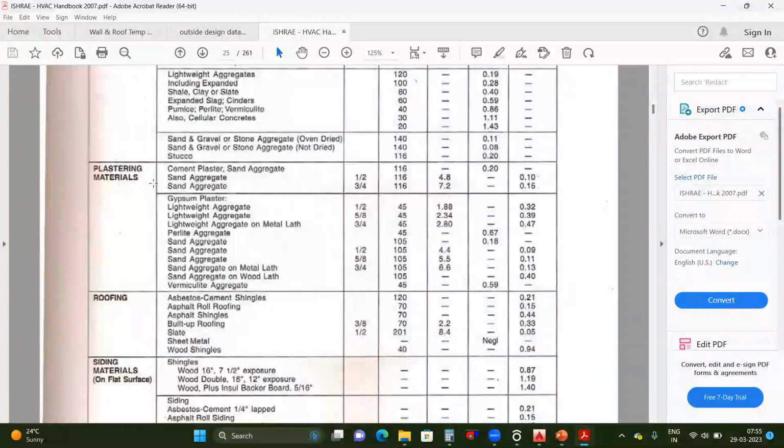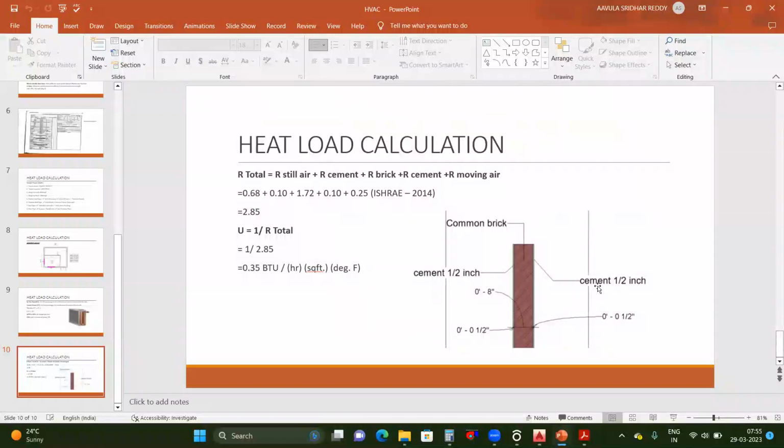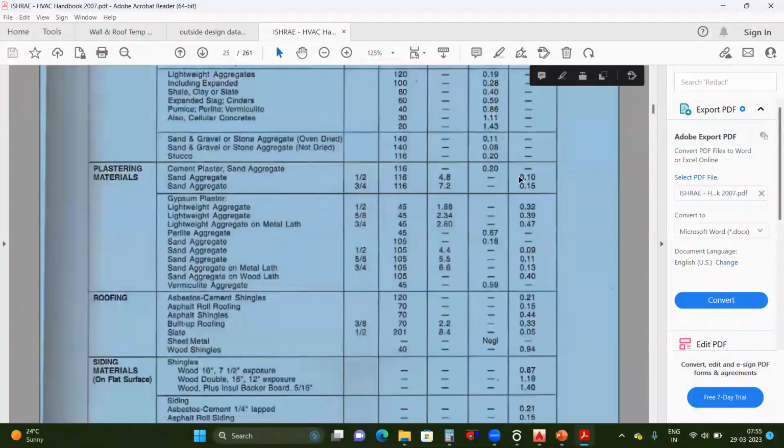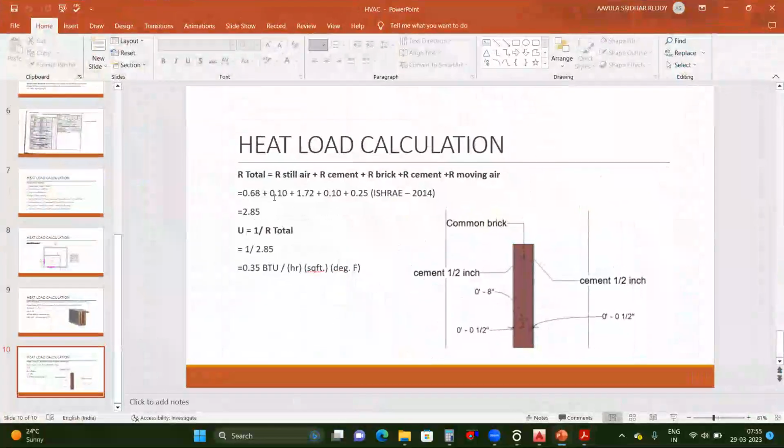The cement 1 by 2 inch is a plastering material, right? Here we have cement plaster, sand aggregate. The thickness is 1 by 2 inch, same as our cement plastering thickness. So we can select this value, 0.10.